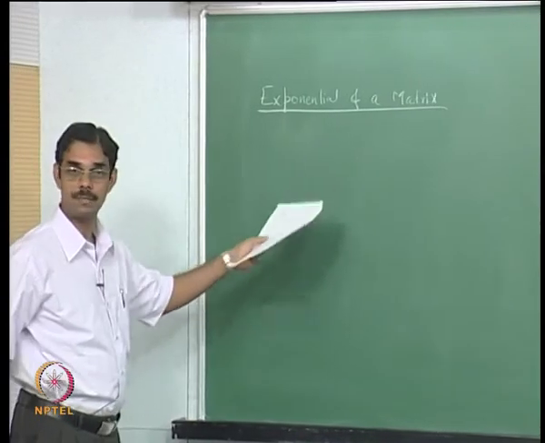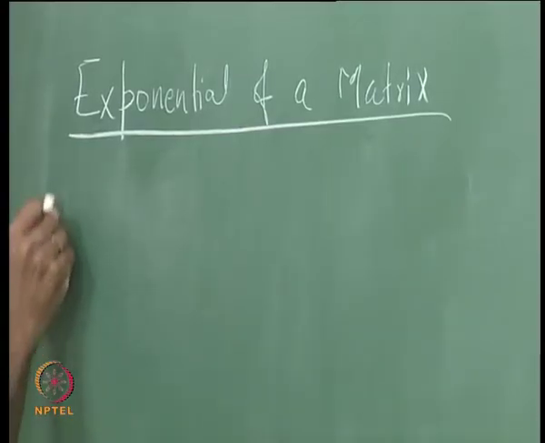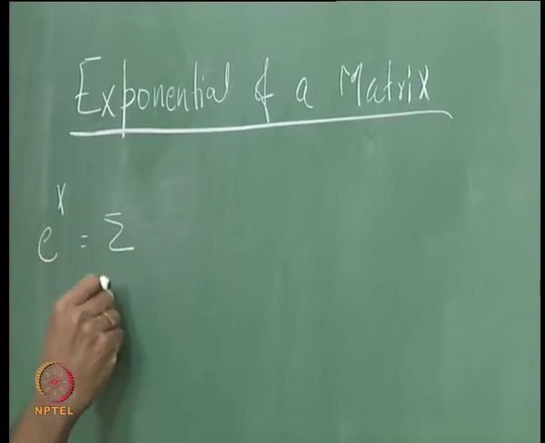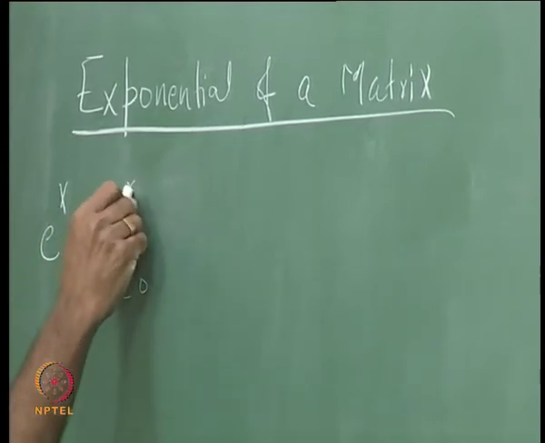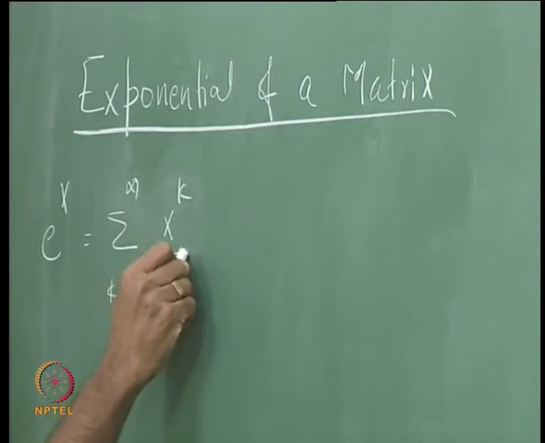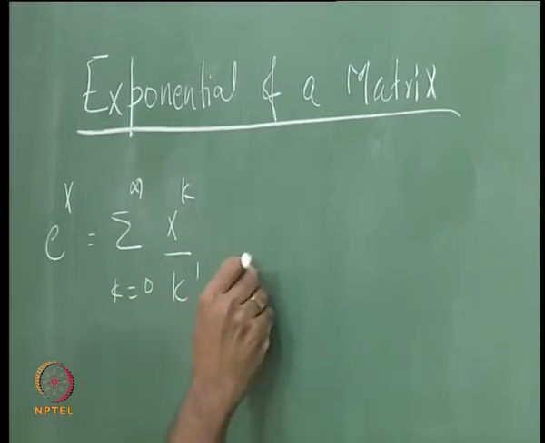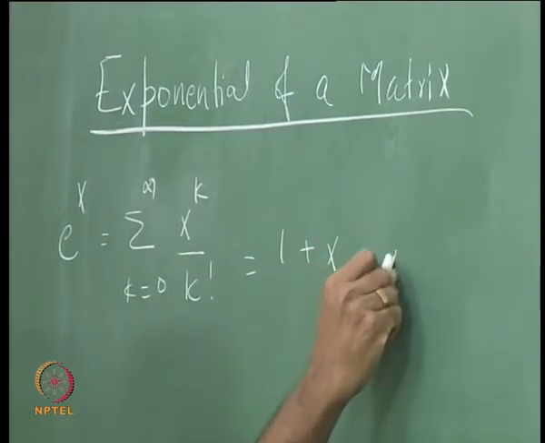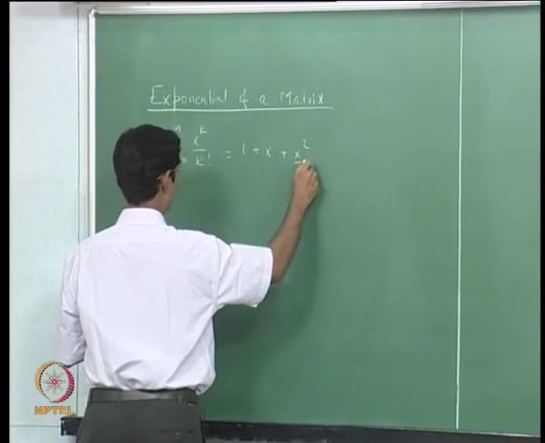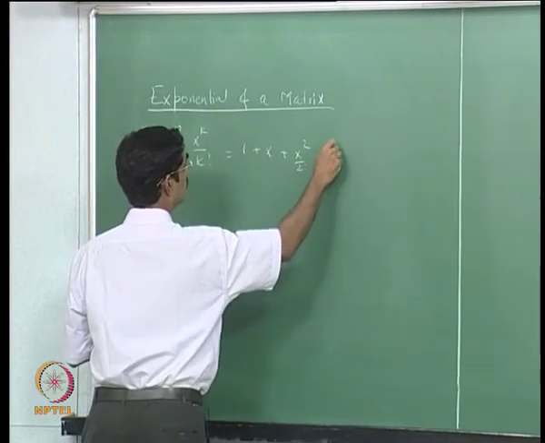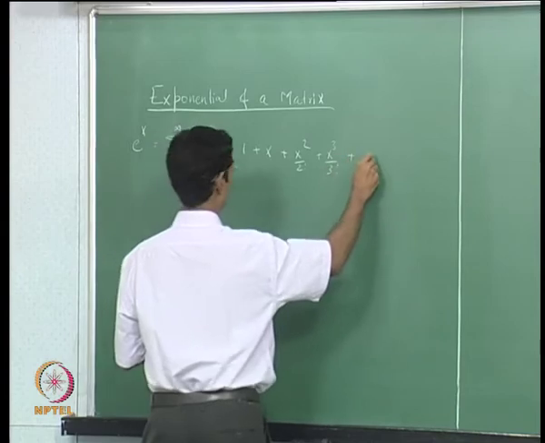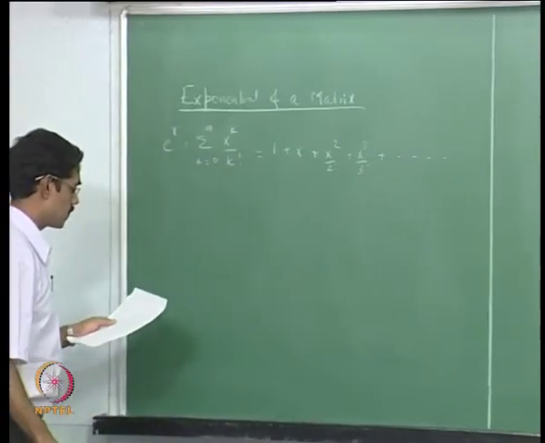So we look at the exponential of a matrix. We know the expansion e power x equals sigma k equals 0 to infinity x power k over k factorial, which is 1 plus x plus x squared over 2 factorial plus x cubed over 3 factorial plus so on.